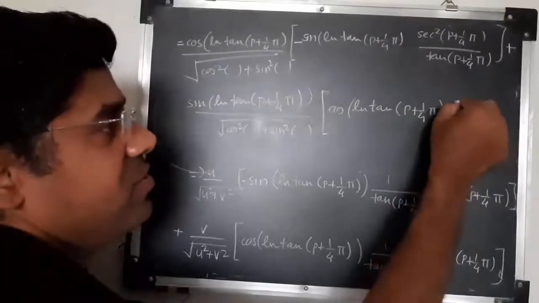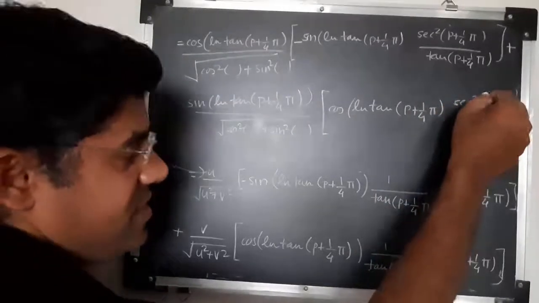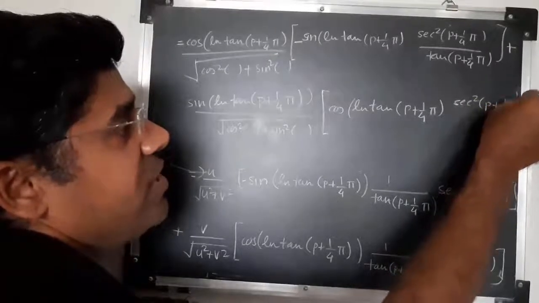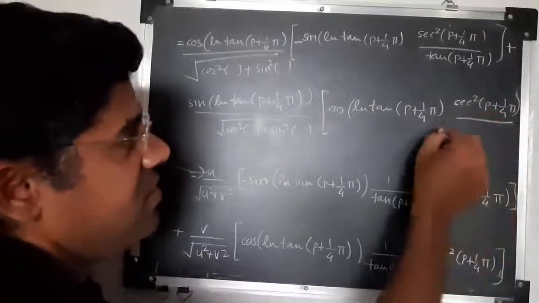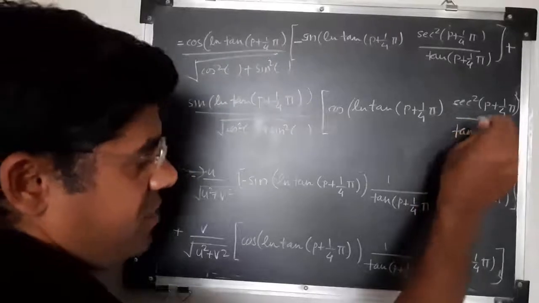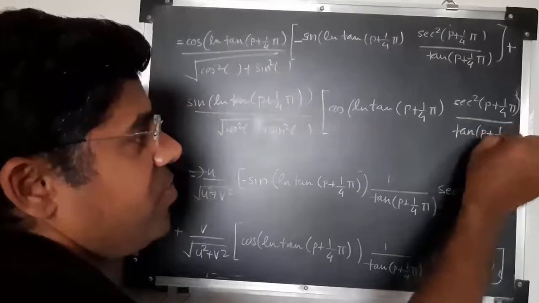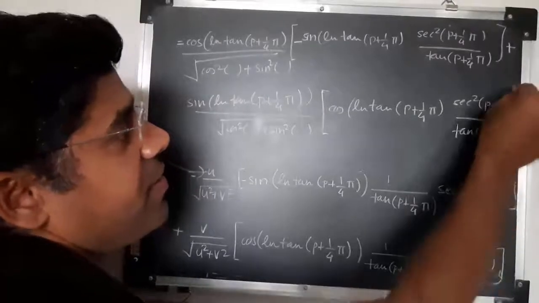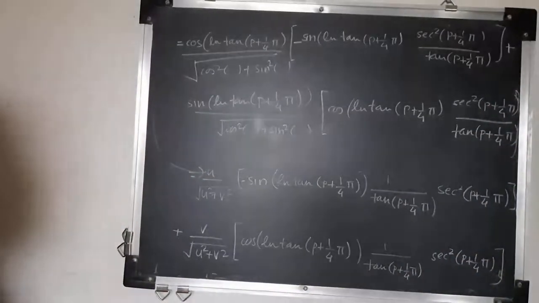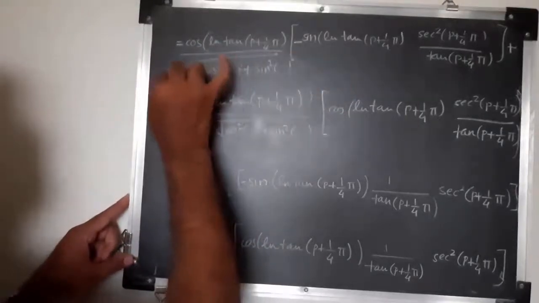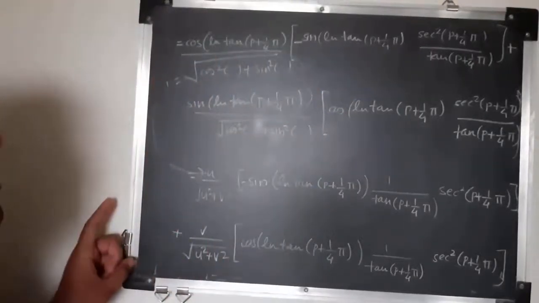Okay, so this is just mathematical steps, not a big task, only you have to go step by step and you will get the answer. Now which thing is common over here? So this is 1, this is also 1.